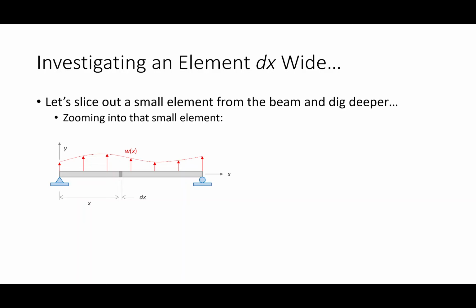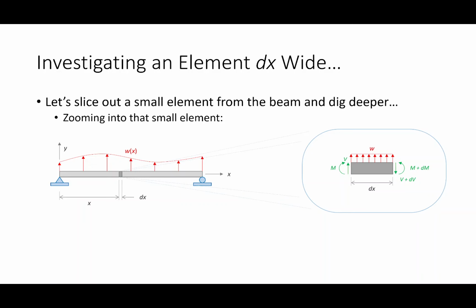But I'm taking this element and sticking it in the microscope. So if I zoom in on this element right here, I have an element that, because it's so itty-bitty tiny, I can assume the load on that element is constant.